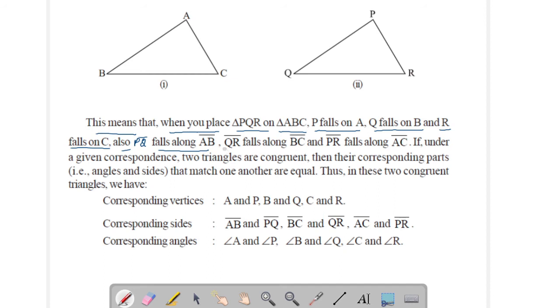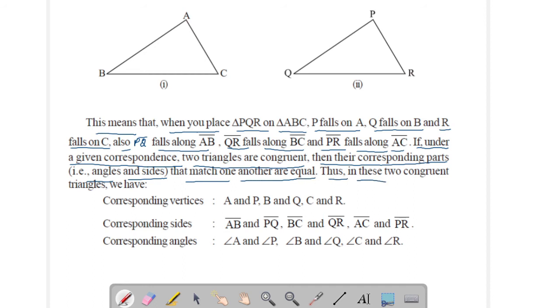Line segment QR falls along line segment BC, and line segment PR falls along line segment AC. If under a given correspondence two triangles are congruent, then their corresponding parts, that is angles and sides, that match one another are equal.